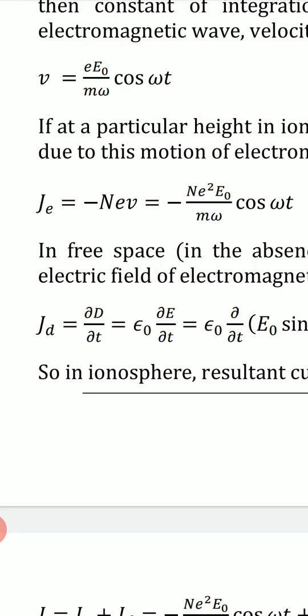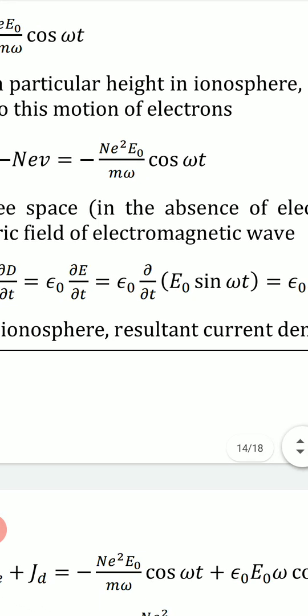This displacement current density Jd is equal to delta D upon delta t, and D equal to epsilon 0 E. So it is epsilon 0 delta E upon delta t. This is because the electric field is changing with time t, and this current density is known as displacement current density Jd.